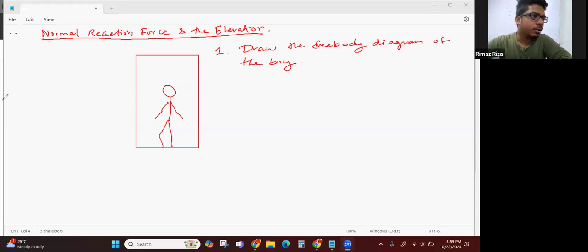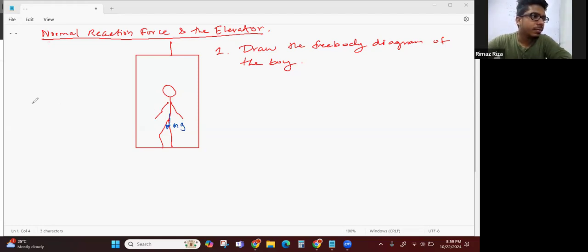Okay, this is not that hard. We have only two forces acting on this boy. One is the weight of this boy, which is the gravitational attraction force, mg.